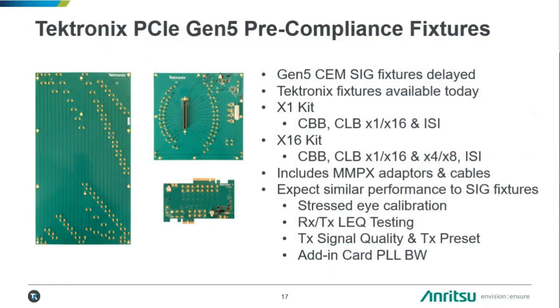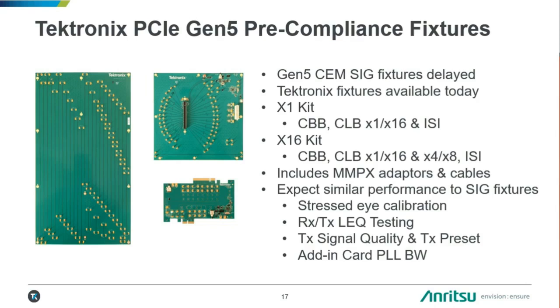To bridge the gap until the PCI-SIG has Gen 5 test fixtures available, Tektronix has come out with Gen 5 CEM pre-compliance fixtures. These are available today. These are CEM fixtures, and they come in two different flavors. There's a x1 kit that has a CBB, a CLB that supports a x1 and a x16 on a motherboard, and a variable ISI board.